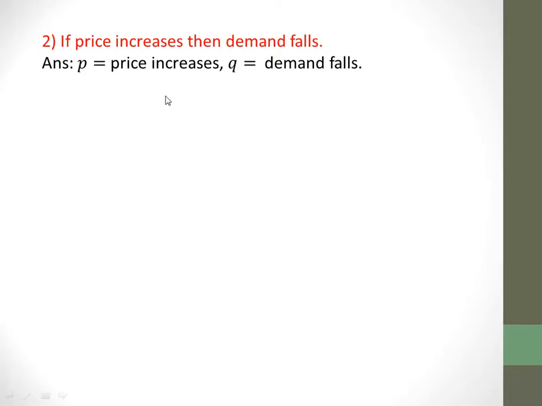P, Q are two statements given to you and the symbolic form is P implies Q. Now we have to find the negation of P implies Q. You must know the rule: negation of P implies Q is equivalent with P and negation Q. This rule is important and we have to remember it.